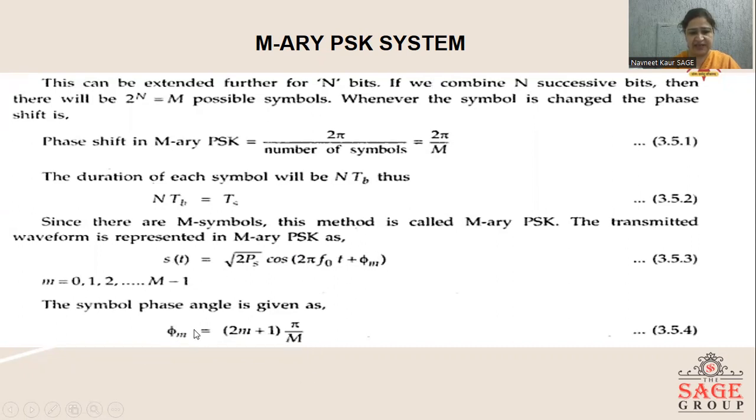Now, this phase angle is given as (2m plus 1) into pi by M, where small m takes values 0, 1, 2 till M minus 1. So here we have total of capital M values. So whenever we have m equal to 0, we have phase shift of pi by M. When we have m equal to 1, we have 3 pi by M. So whenever there is a change in the symbol, the phase shift of 2 pi by M occurs.